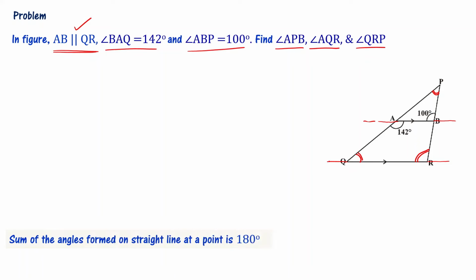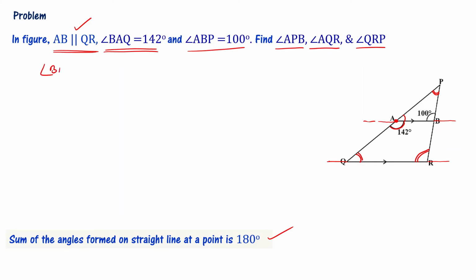We know that the sum of the angles formed on a straight line at a point is 180 degrees. Suppose we take the point A, here we are going to have an angle like this and this is 142 degrees. What is the sum of these two? It will be 180 degrees. Let me first write that. The angle given is angle BAQ.